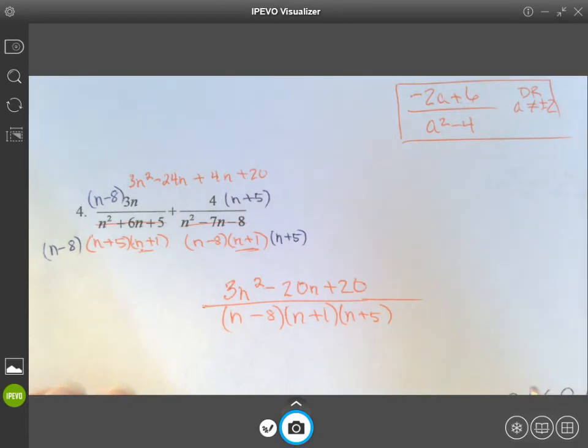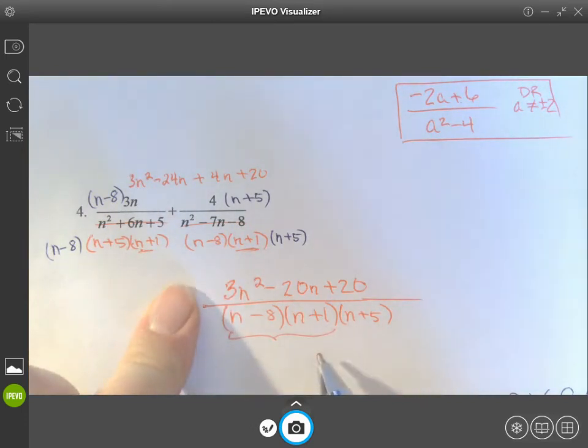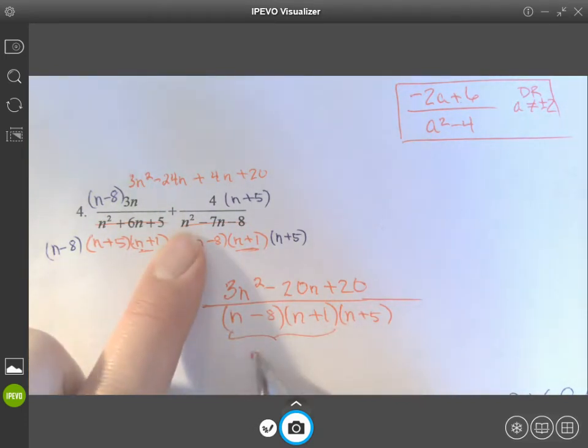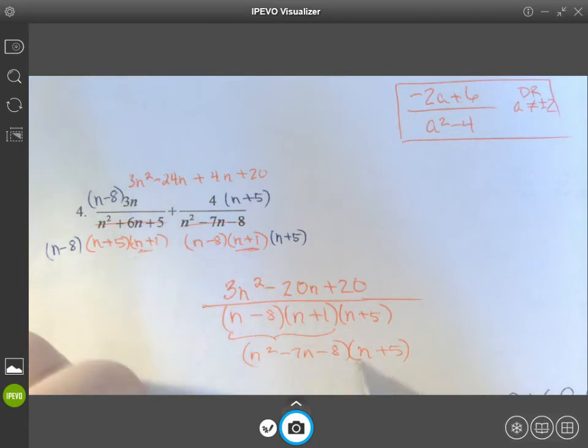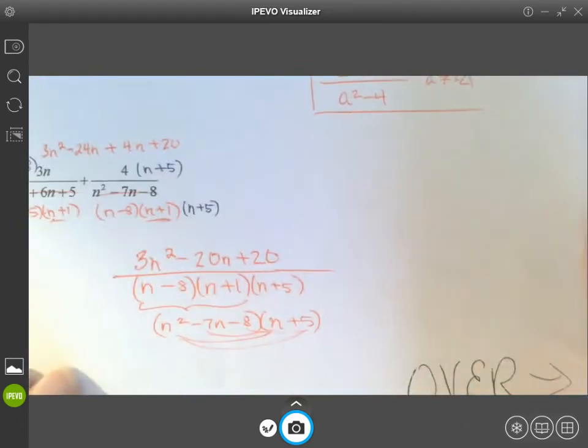Now, to help myself, that whole n minus 8, n plus 1, I would put that back together, and I already know it's going to be n squared minus 7n minus 8. And then I'm going to take that n plus 5, and I'm going to distribute it to all the pieces and come back with the 5 times everything. So I'm going to have those 6 terms.